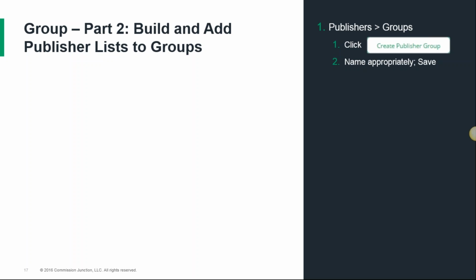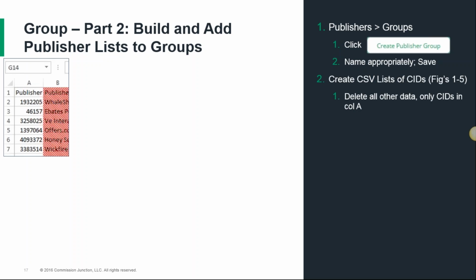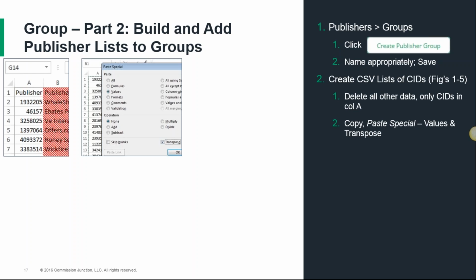With all your groups set, let's go back to your publishers lists, which include their CIDs, to add them to each group. You're going to have these CSV lists, and the first thing you're going to do is delete all the other data from those lists just so you have a column of CIDs in column A in Excel. Then copy and paste special into B1, pasting as values and transpose.